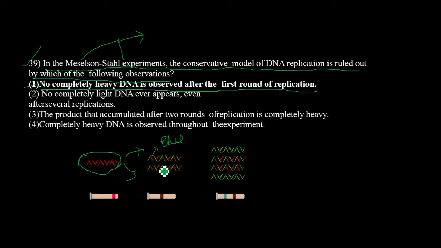Here the newly formed DNA in the N14 medium is light DNA only, not heavy DNA, not like the parental DNA. Based on this observation, they identified that the replication type is semi-conservative.